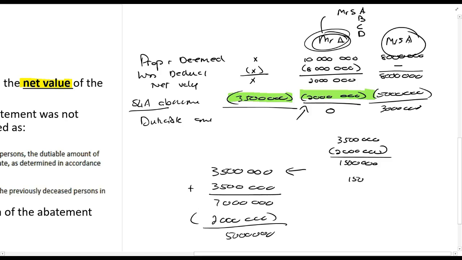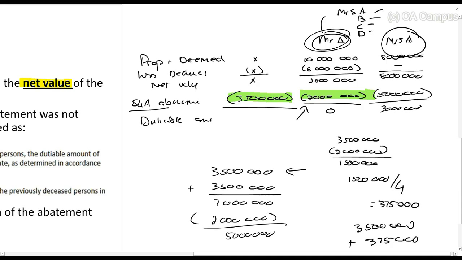She is one of 4 spouses. So she can get an extra 1.5 million divided by 4. So 375,000. So she gets 3.5 million, which is her own, plus 375,000. That is what she will get. So 3.875 million. So instead of 5 million there, she would get 3.875 million.